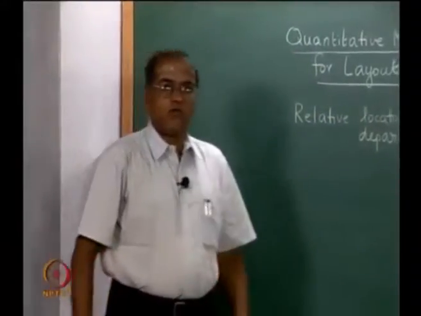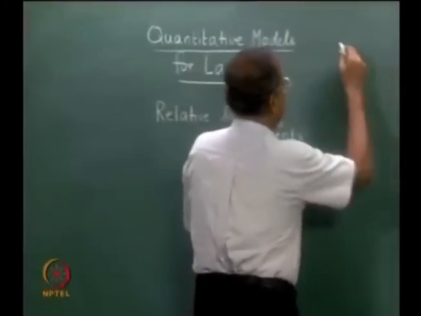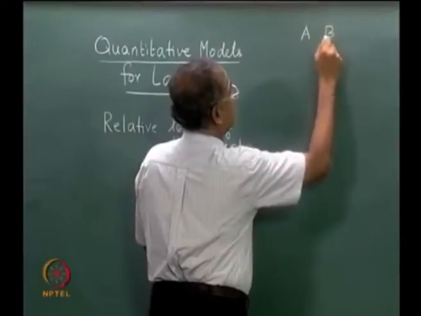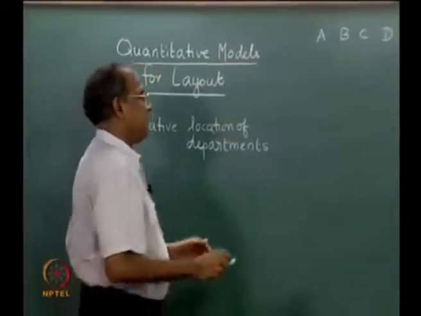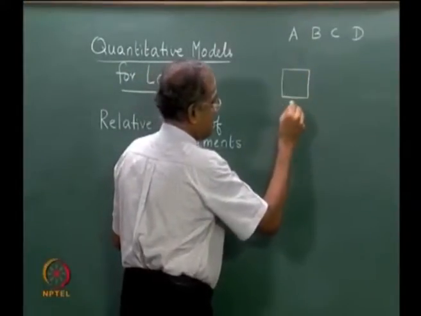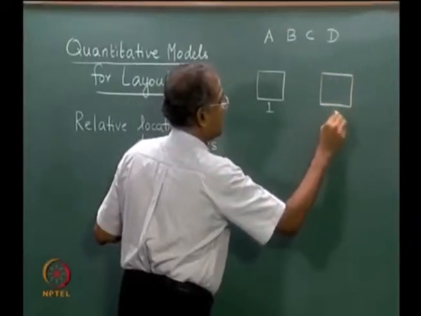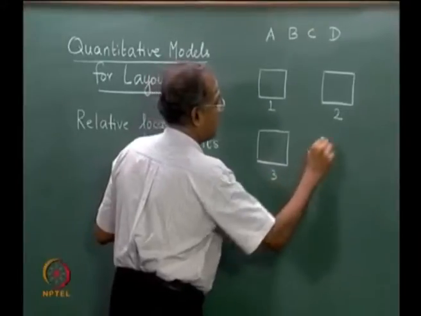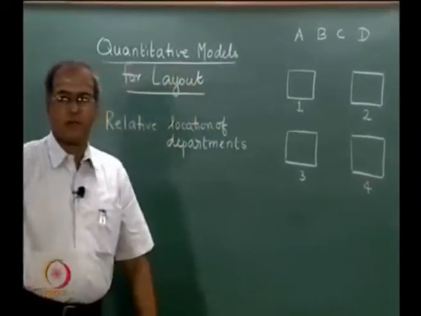Now, let us assume that 4 departments have to be placed, and let us call these 4 departments A, B, C and D. Let us also assume that there are 4 sites which we call 1, 2, 3 and 4.